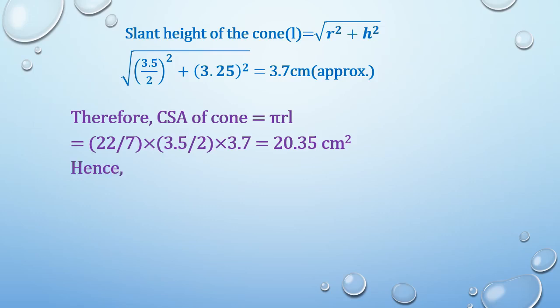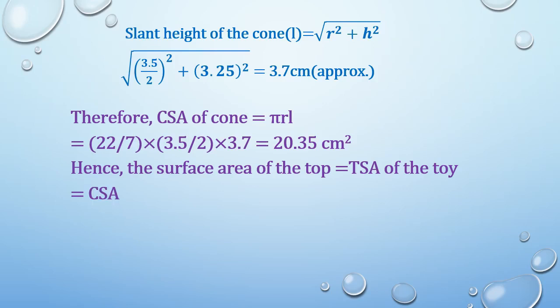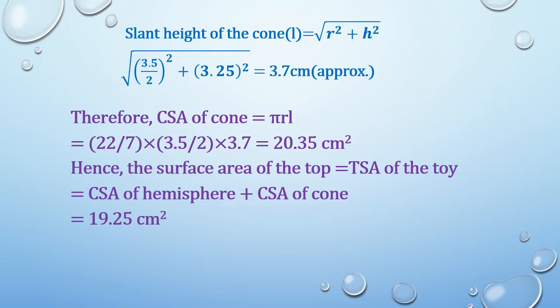Hence, the surface area of the top is equal to TSA of the toy is equal to CSA of hemisphere plus CSA of cone, which is equal to 19.25 centimeter square plus 20.35 centimeter square, which is equal to 39.6 centimeter square approximately.